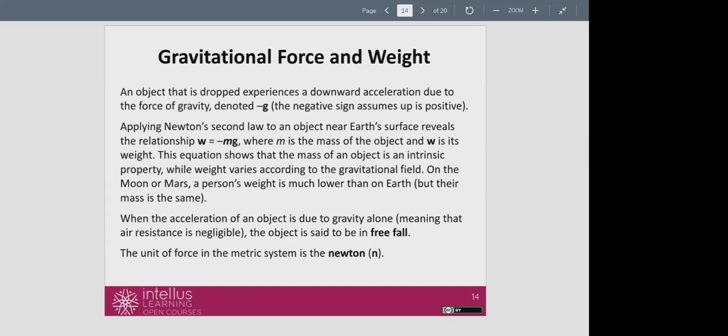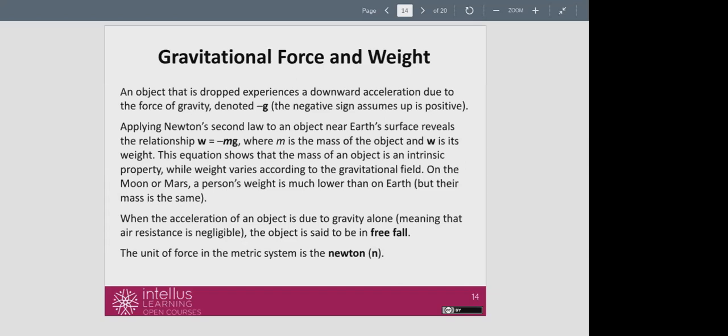So weight is the amount of gravitational force on an object's mass. To calculate the weight, W, which is a vector, we multiply the object's mass times minus g.